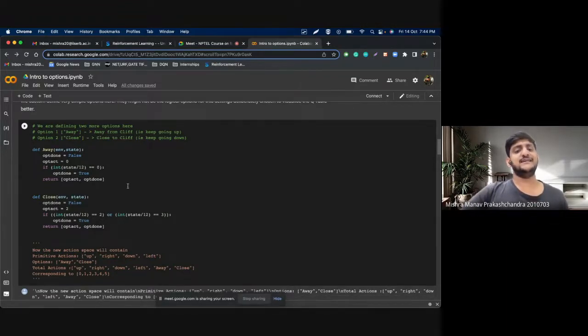This away environment tells me that opt done is always false. Opt act is 0, which means go up. If int state divided by 12 is equal to 0, then my opt done is true, and I return opt act and opt done.